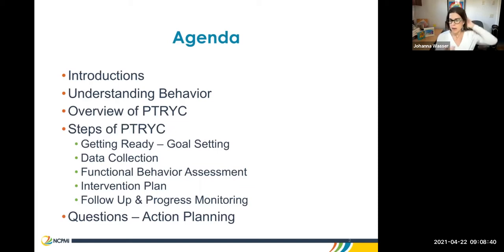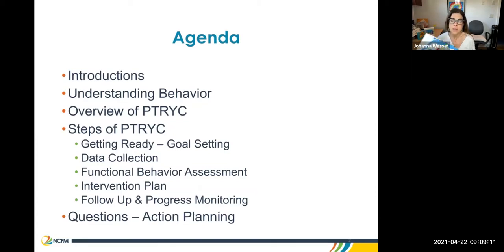For every chapter, pretty much starting at chapter 3, that is a meeting, which is nice. So I highly, highly recommend reading the book at least once. And then anytime that you may be facilitating a PTR-YC meeting, I highly recommend reading that chapter before you actually have that meeting, just so you're getting more acquainted with the process.